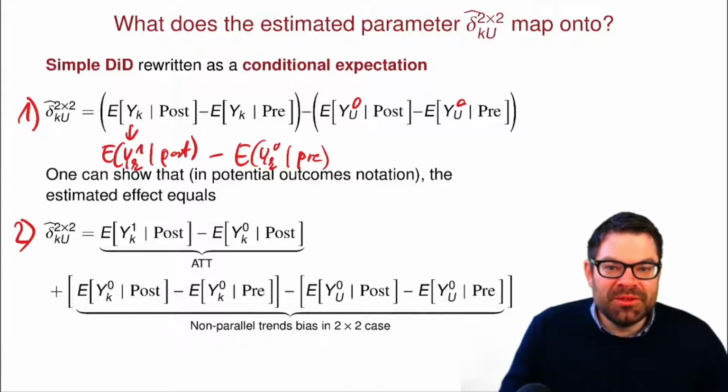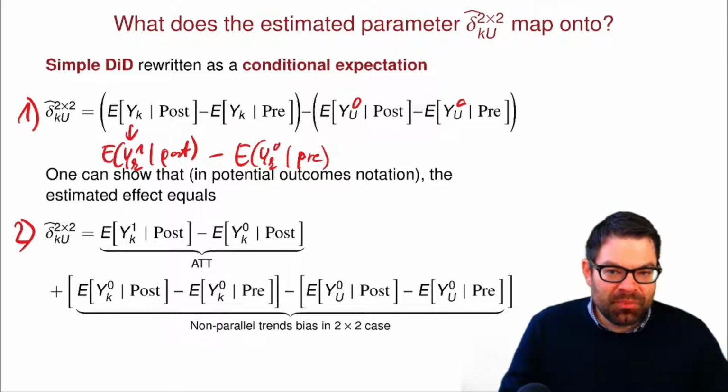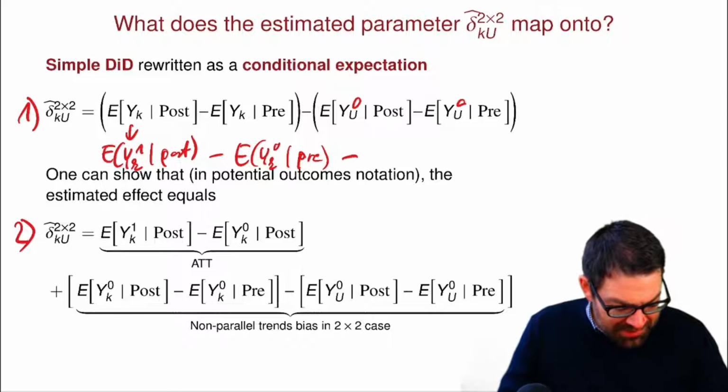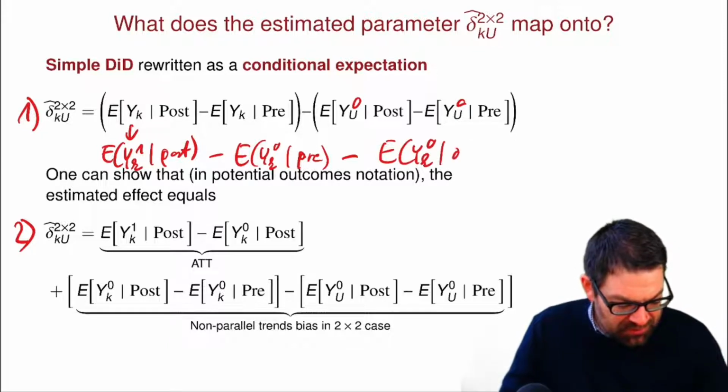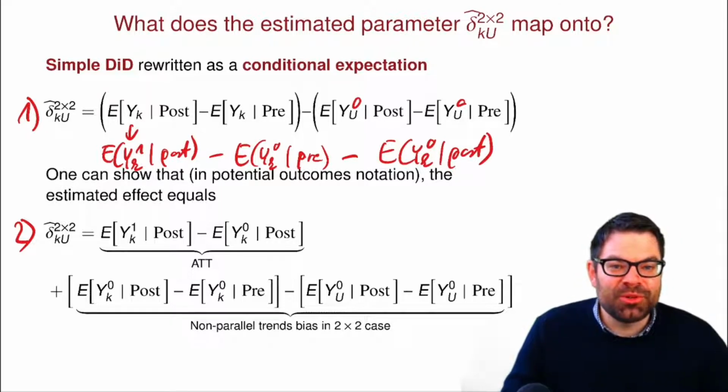So now what we do to arrive at equation 2 is simply subtract the average outcome of the treated group in absence of the treatment post. So that's the counterfactual. Right?